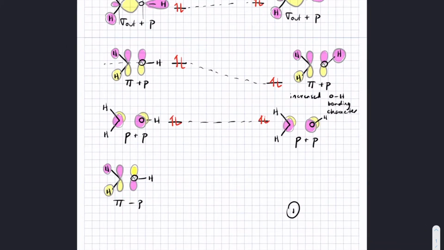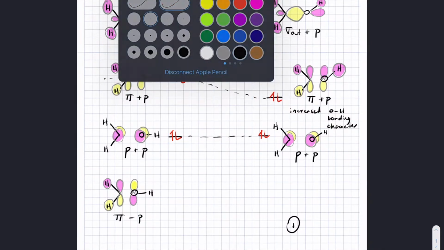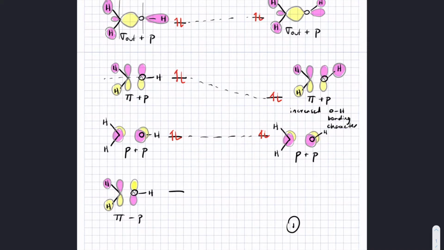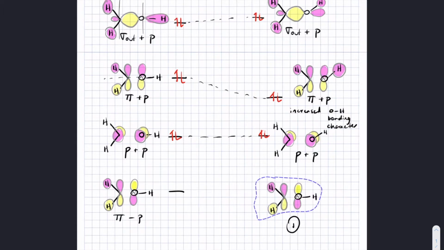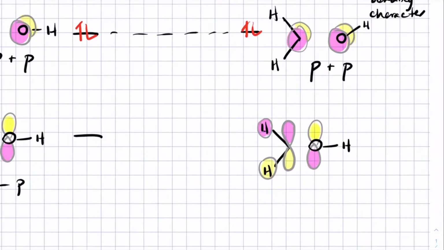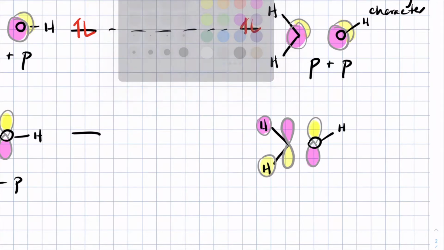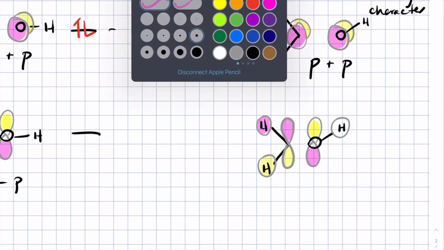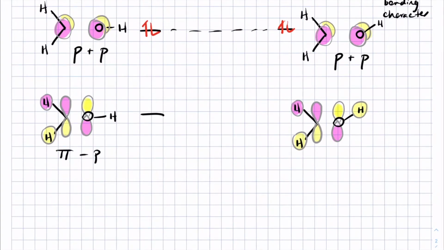And then finally, the last one on our list, and again, this isn't necessarily in order of energy, but if you look at the last one on our list and then think about bent geometry at that oxygen, again, moving that hydrogen out of the node would allow us to get favorable orbital overlap between the lobe on the oxygen and the hydrogen.